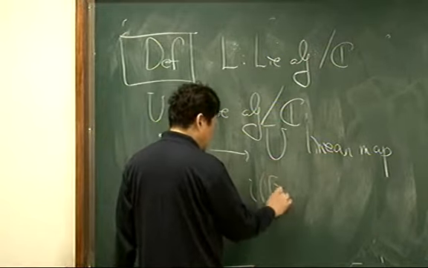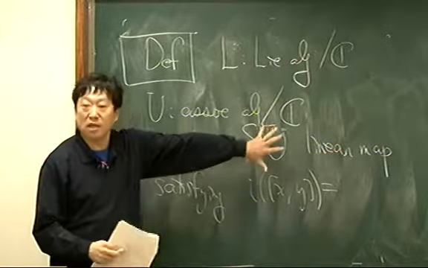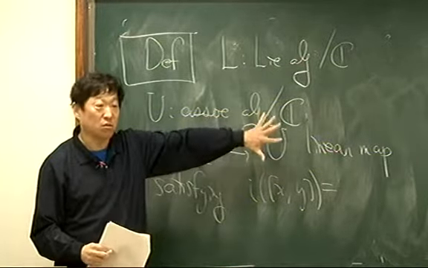The bracket in an associative algebra is the commutator.